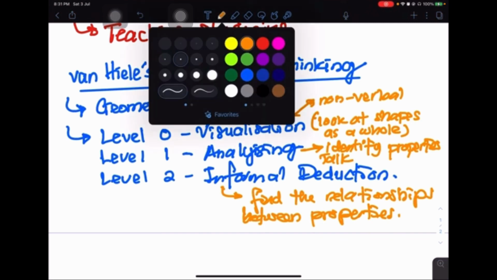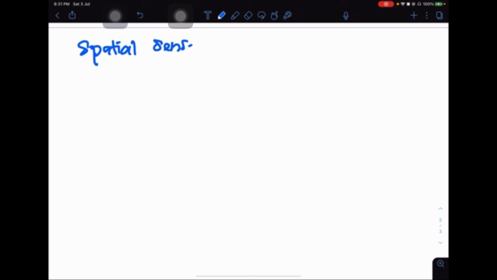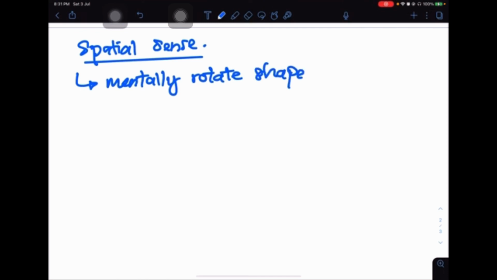Now, apart from Van Hiele's geometrical thinking, we also have spatial sense. In spatial sense, students should be able to mentally rotate shapes from a certain orientation to another orientation using their mind.